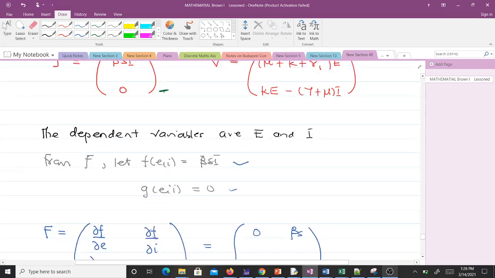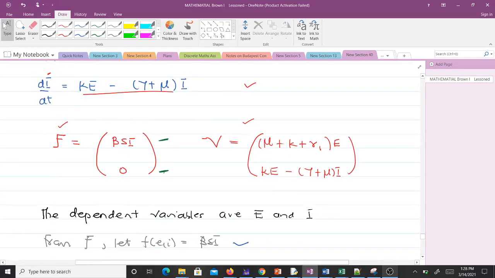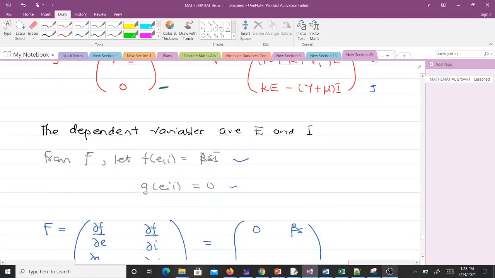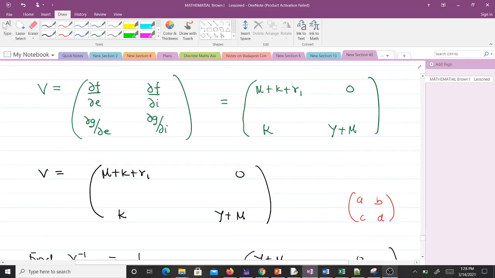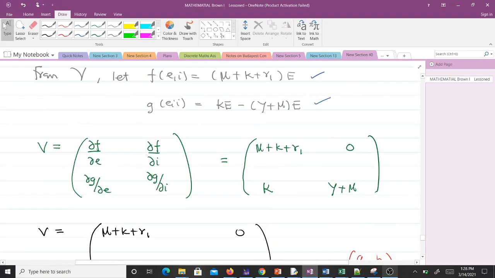So these are Greek V. So we let this be f, a function of f, and this be g. Right. So we find del f del E. So when you differentiate this with respect to E, we'll get this. With respect to I, we get 0. Then when you differentiate, okay, this place is I.